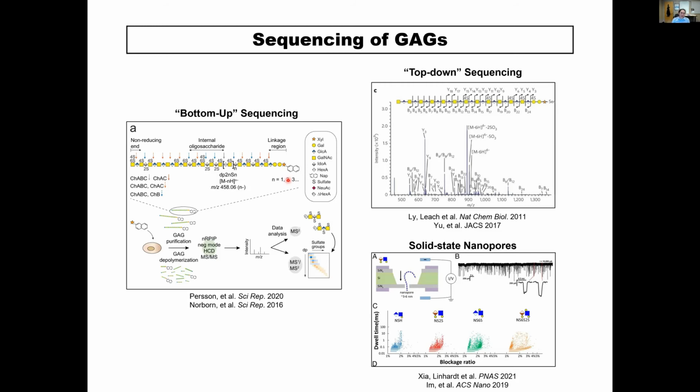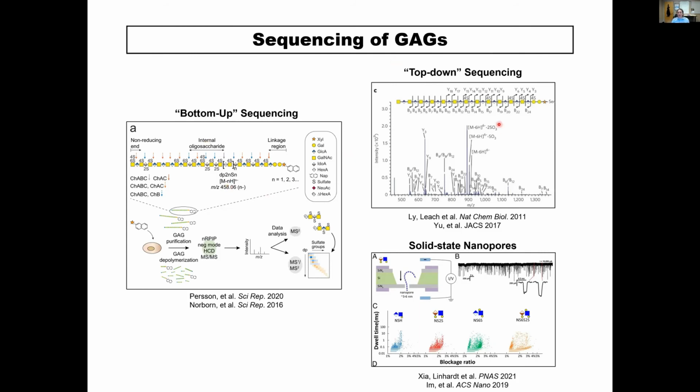So it's a really cool chemical biology type technique, where they can then use different chondroitinase enzymes for chondroitin sulfate to cleave the GAG chains down to their subunits, and then piece back together a potential sequence for these different GAGs by fragmenting the chains with different mass spec techniques. This is known as bottom-up sequencing.